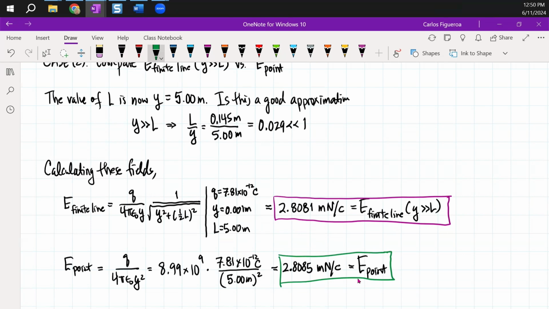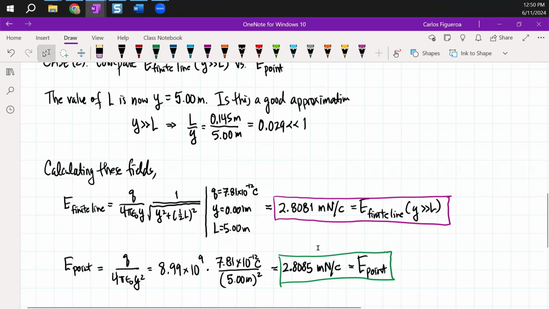Now here, remember, this was only good to 3 sig figs. And you could see that for 3 sig figs, they're exactly the same. The field is then going to read 2.81 millinewtons per coulomb.